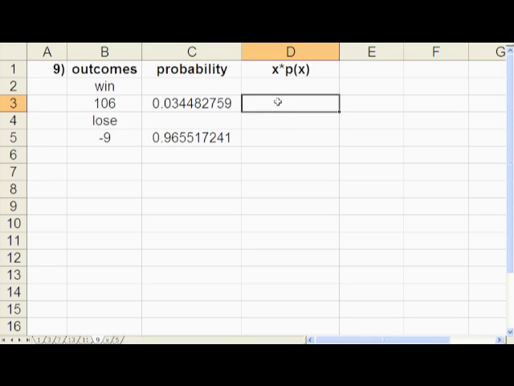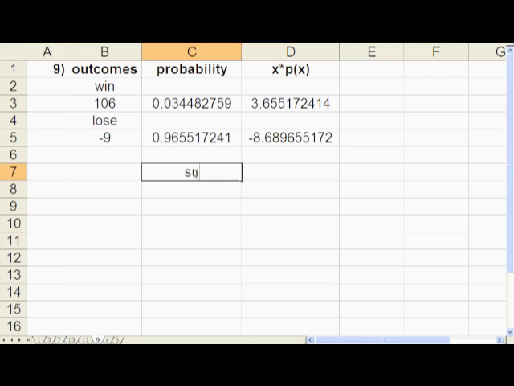By using the definition of expected value, we are going to take the 106 value and multiply it with the probability. We are going to take the -9 value associated with losing and multiply it with its probability. What we'll put over here is the sum.